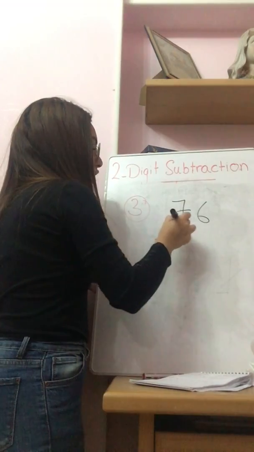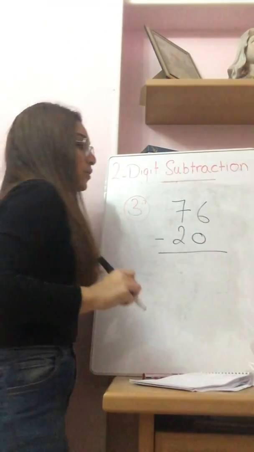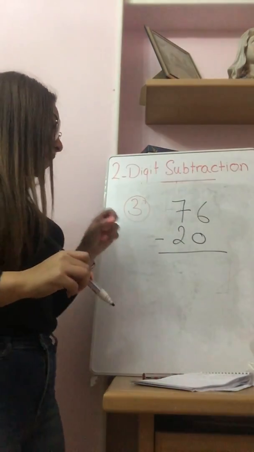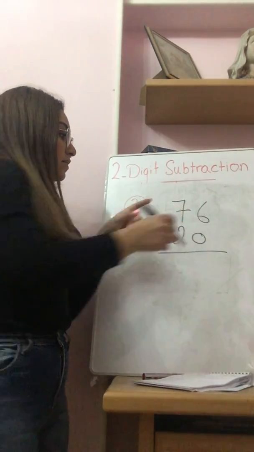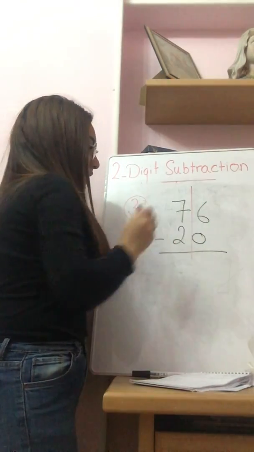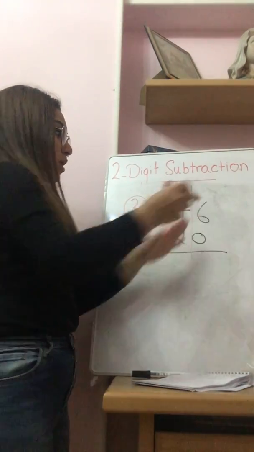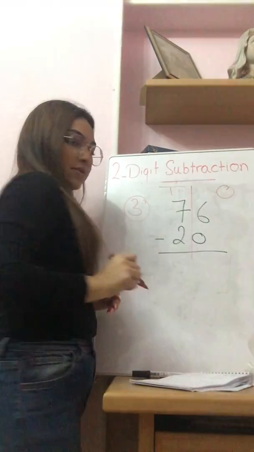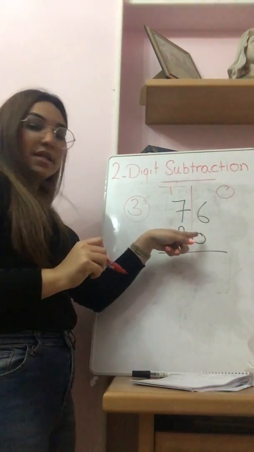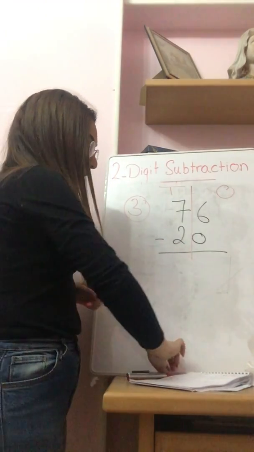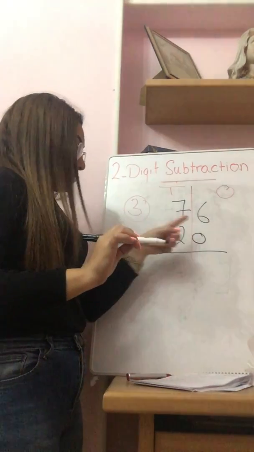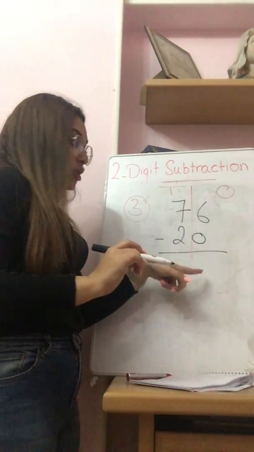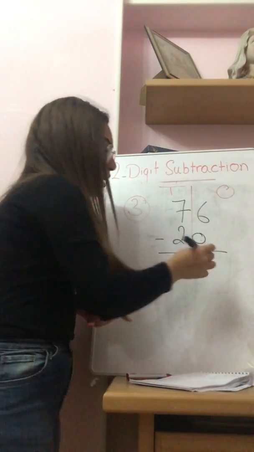76 minus 20. Okay, this is a little bit different. We are also going to separate these. This is the ones, and this is the tens. Now 6 minus 0: any number subtracted by 0 is going to stay the same number.